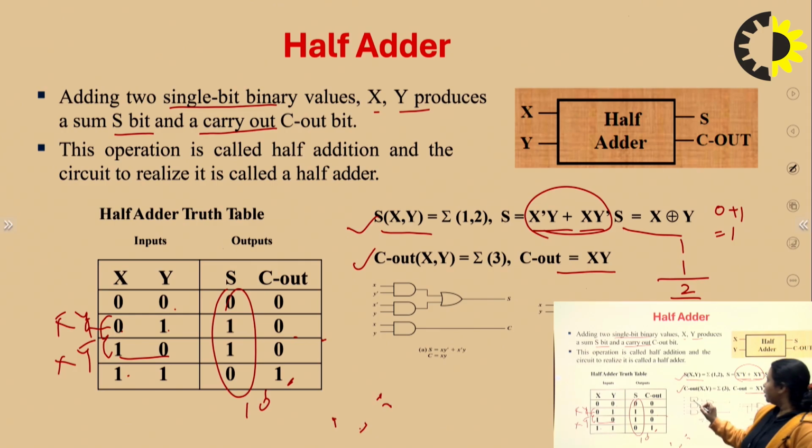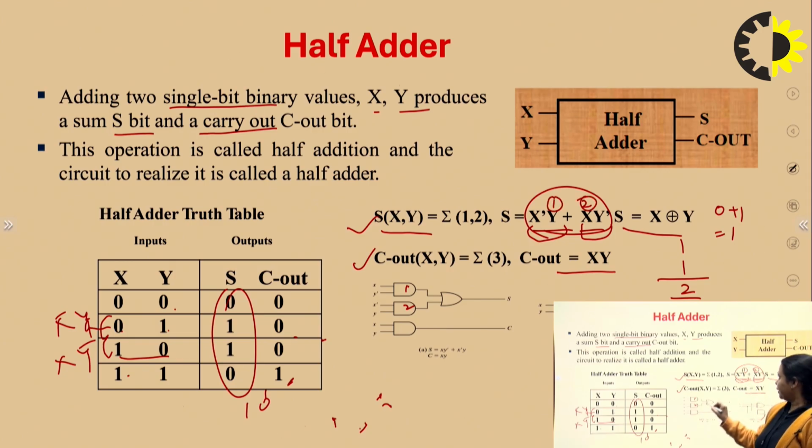See this. For sum you have sum is equal to x bar y plus x y bar. So we will be taking an AND combination for this and another AND combination for this expression, right? So I have used 2 ANDs: this is 1, this is 2.